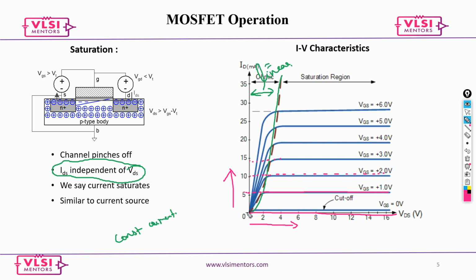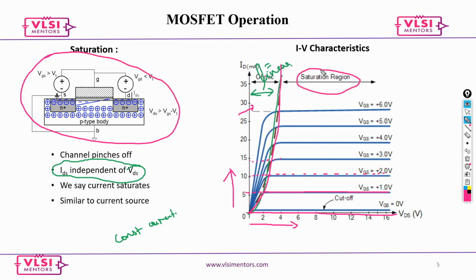When both voltage and current are increasing, that is what we call linear. And the moment it crosses that and the current becomes constant, the MOSFET or the transistor is said to be in the saturation region. Saturation. Is that clear?